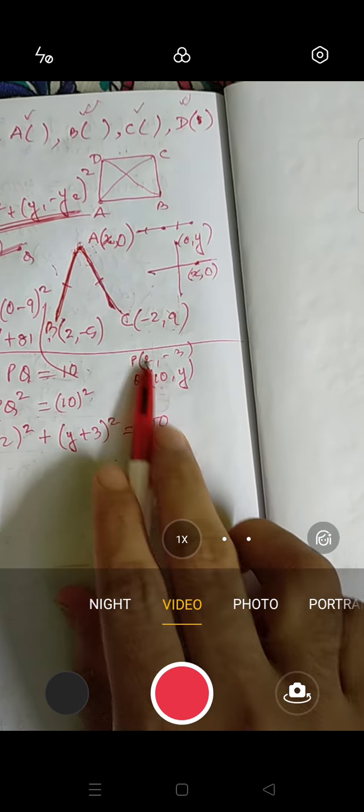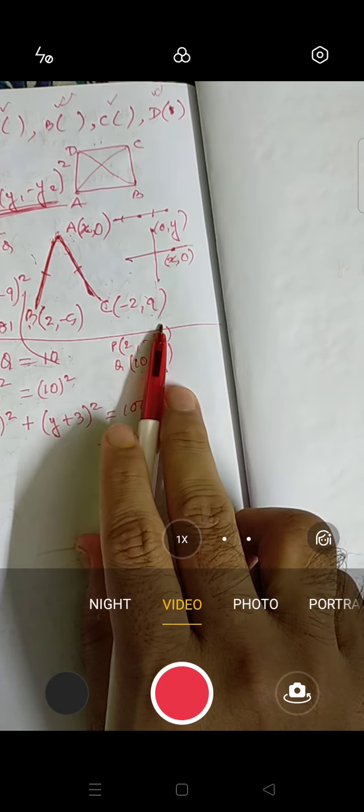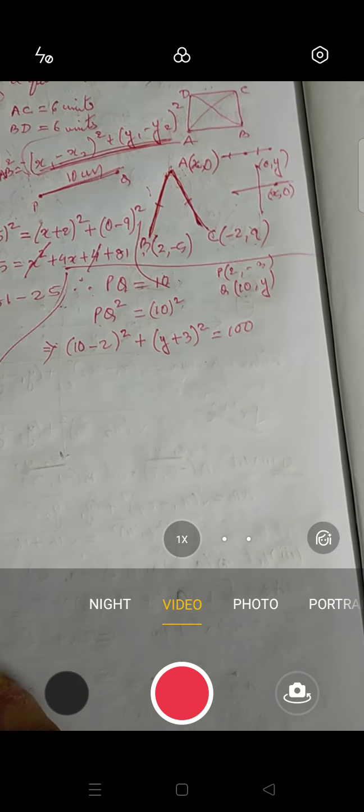So that's why I have reversed it: 10 minus 2 whole square, y minus, and this will become plus, so plus 3 whole square. Any problem?